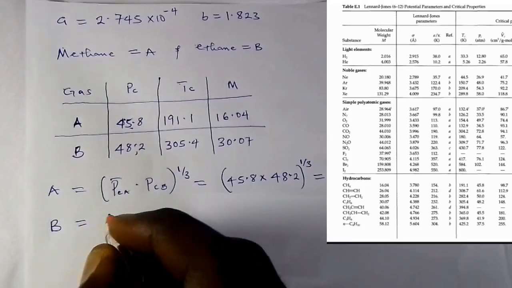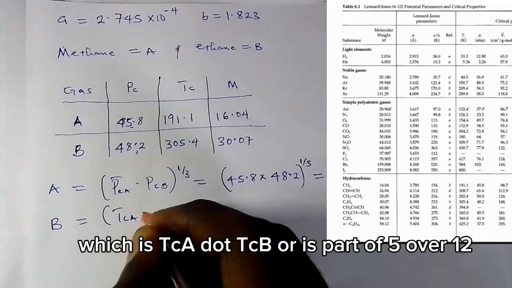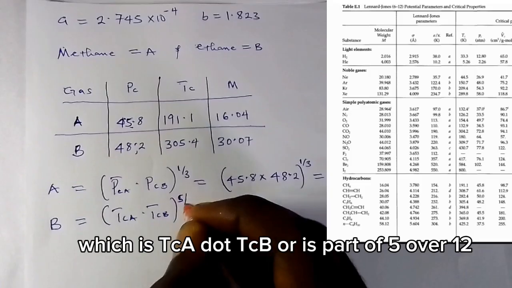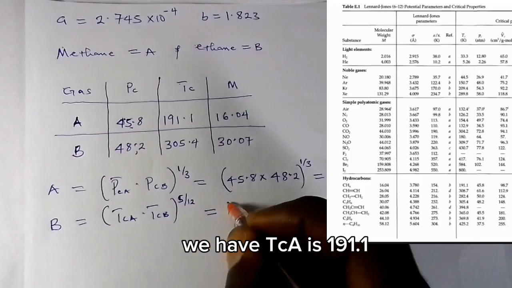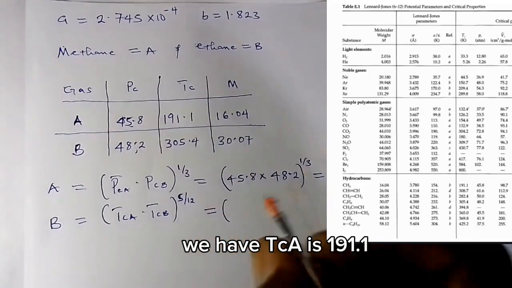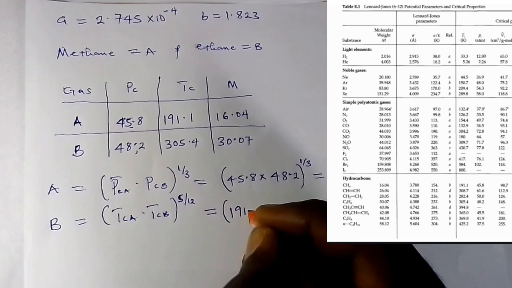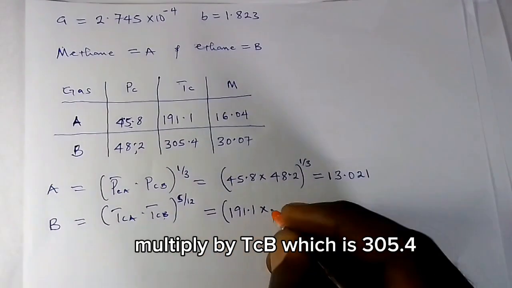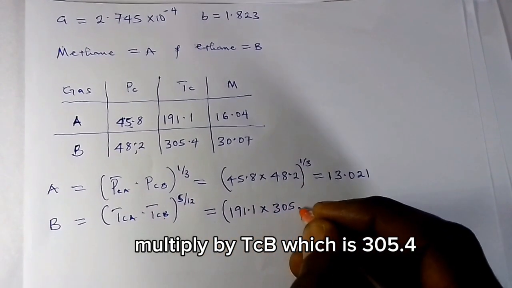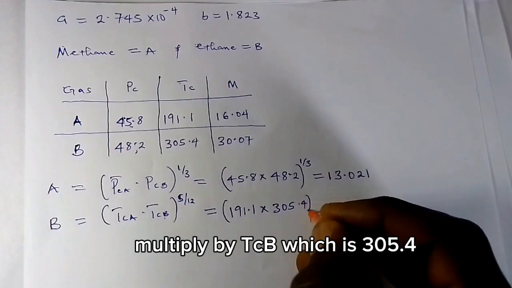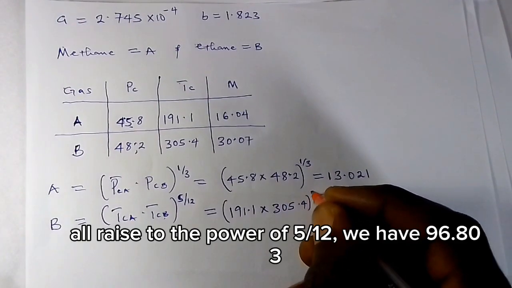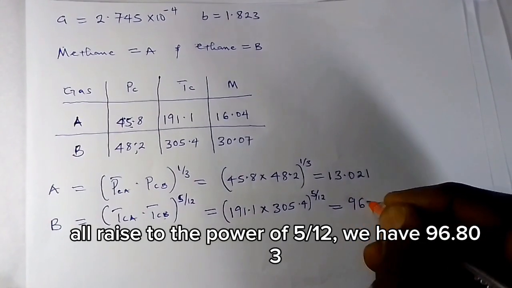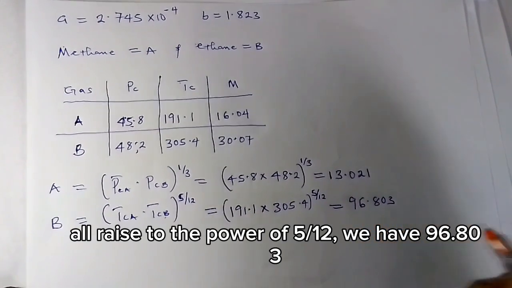Calculating for B, which is TCA times TCB to the power of 5/12, we have TCA is 191.1 multiplied by TCB, which is 305.4, to the power of 5/12. We have 96.803.